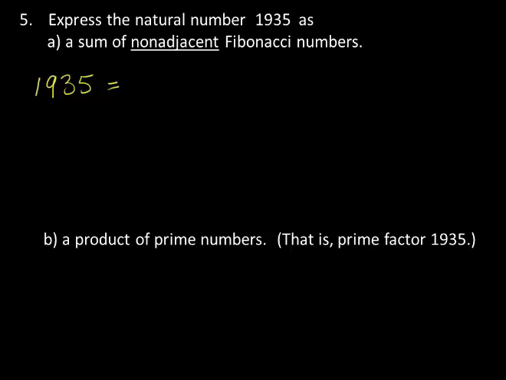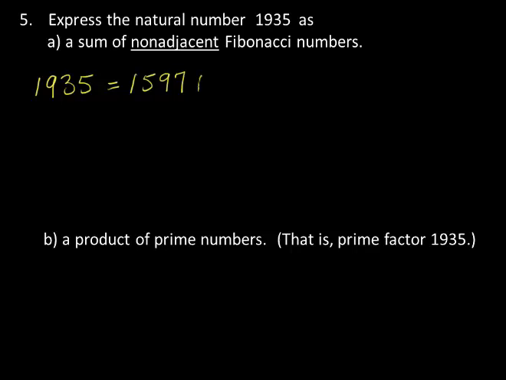The biggest Fibonacci less than or equal to 1935 is 1597. So I write 1597. Now I subtract and I have left 338.